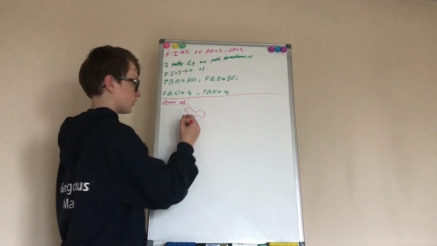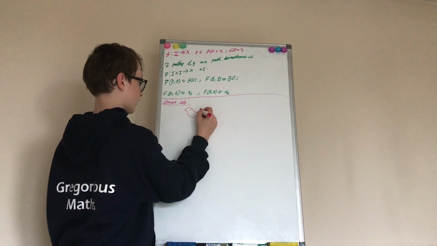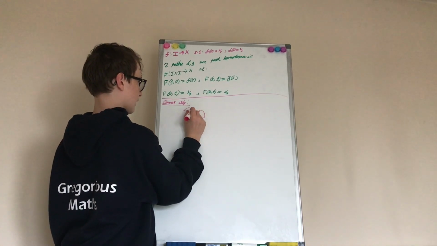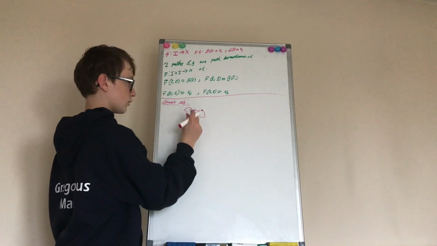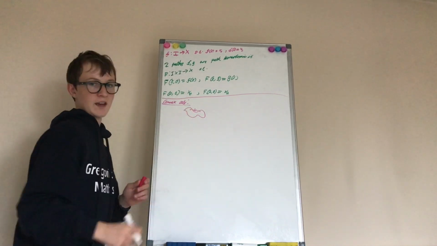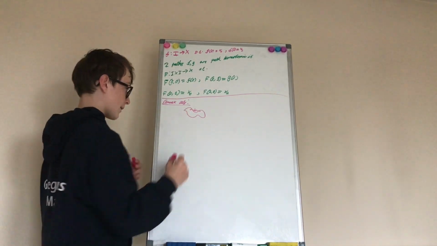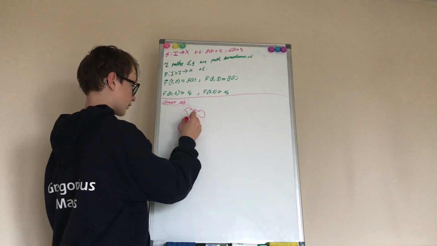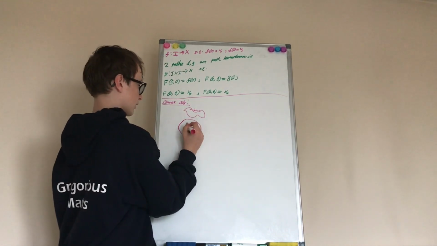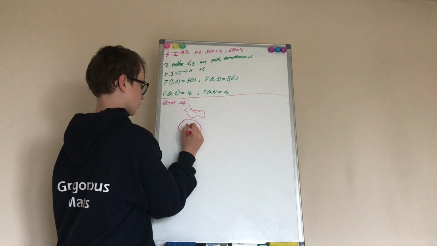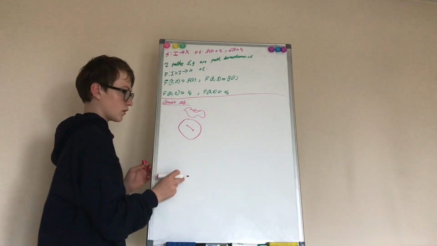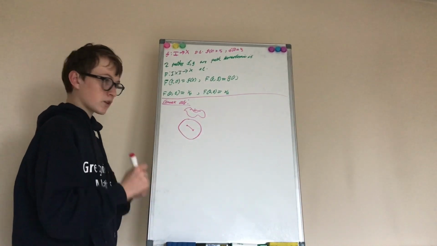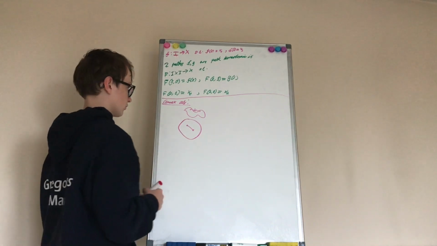For example this, because if we pick this point and this point, there is no straight line segment joining them completely contained inside of this space. However, the circle, for example, is a convex set because any two points A and B we pick, there is a line segment joining them completely contained inside the circle.